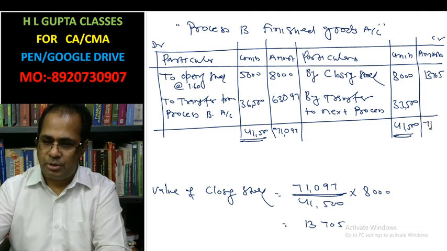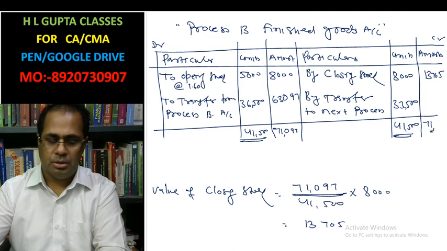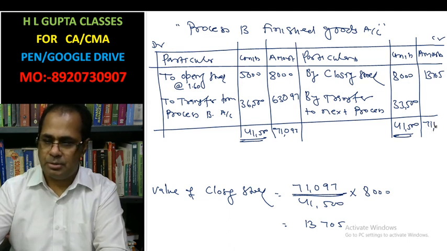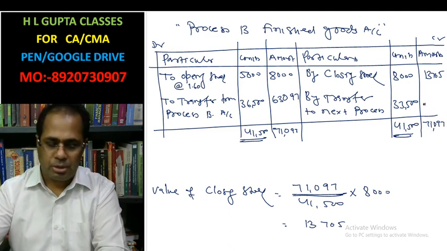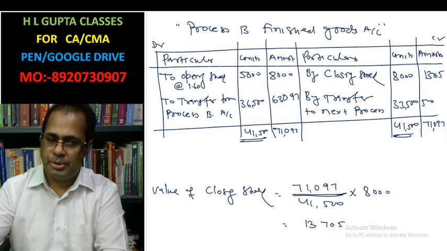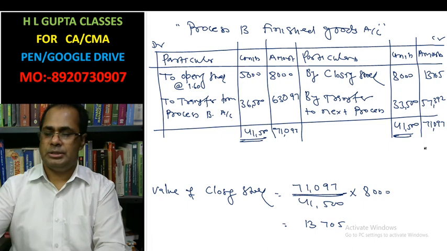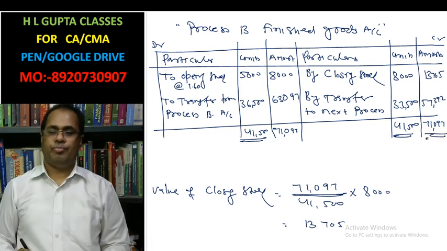Cost is 71,097. Then the remaining cost here will be 57,392. Okay, this is your whole account.